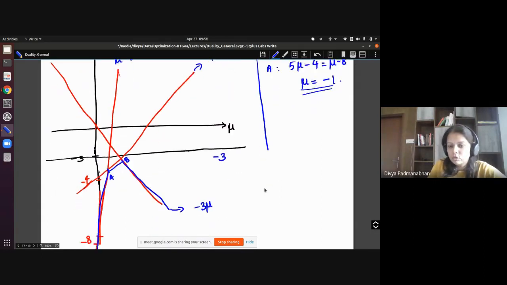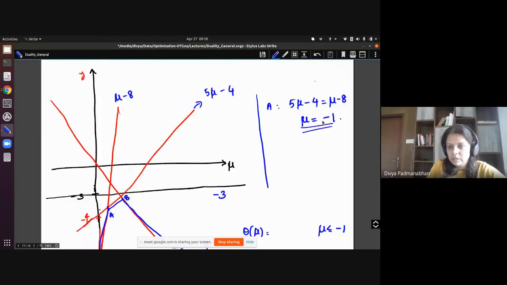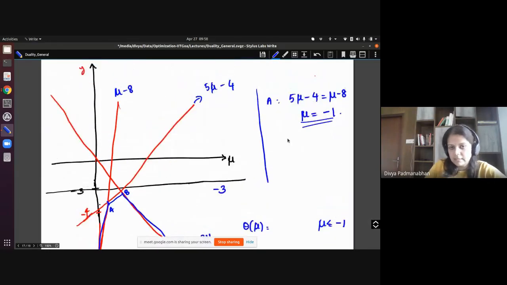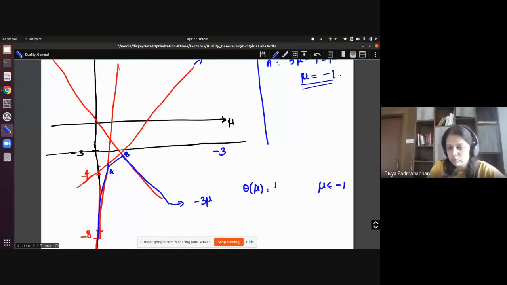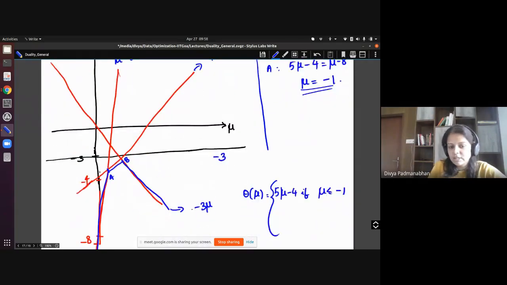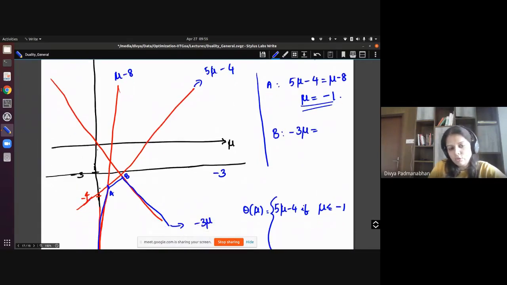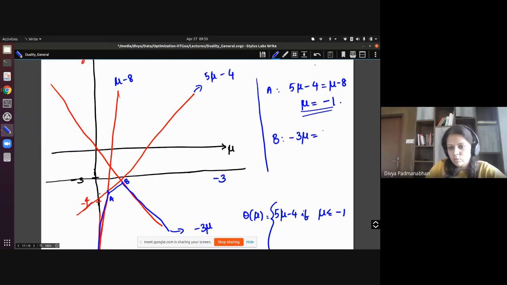Okay, and so what is going to happen is theta of mu, for mu less than or equal to minus 1, the one that is lesser is phi mu minus 4. So phi mu minus 4 if mu is less than or equal to minus 1. Now in this range between A and B, B is the point where minus 3 mu is equal to again phi mu minus 4, right?